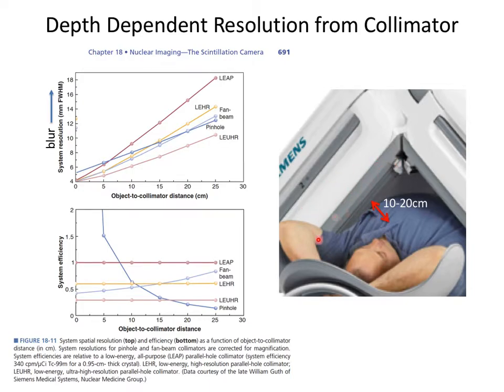The heart, here we go. Here's our anti-scatter grid, which would be right about here. The object that we're trying to image is usually 10 to 20 centimeters inside the chest of the patient. Depending on whether they have a 5 millimeter thickness of fat here, and then ribs, and then you go down to the heart, you can be 10 to 20 centimeters deep.